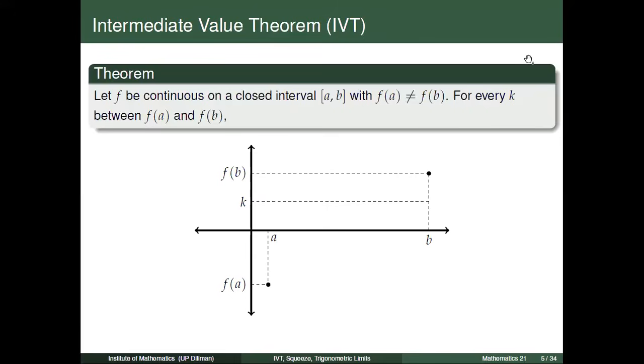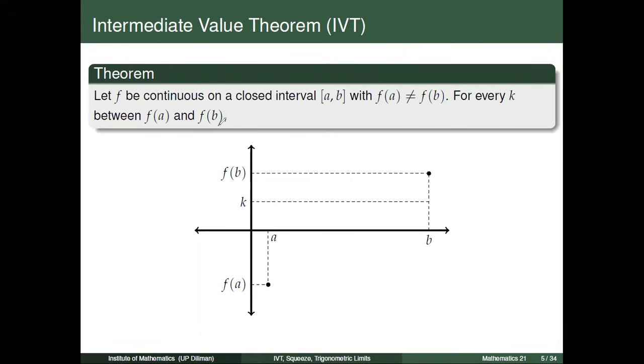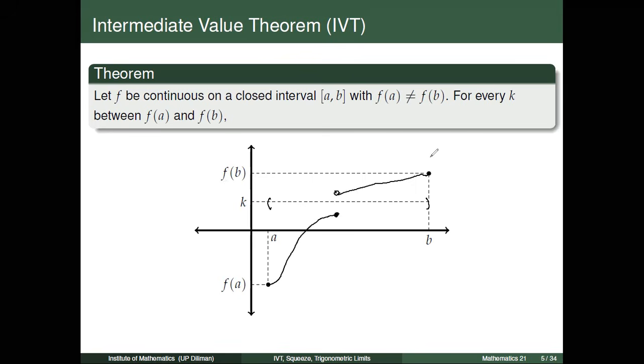Now, question. Is it possible that the function f is continuous on the closed interval [a, b], yet its graph does not intersect the line with equation y equals k somewhere between x equals a and x equals b? Okay. So if we try to avoid that segment by, say, having this jump discontinuity here, then we violate the assumption of continuity.